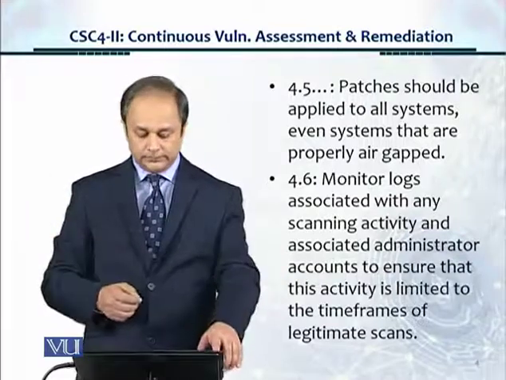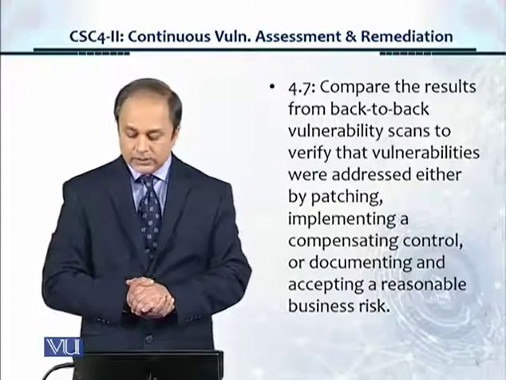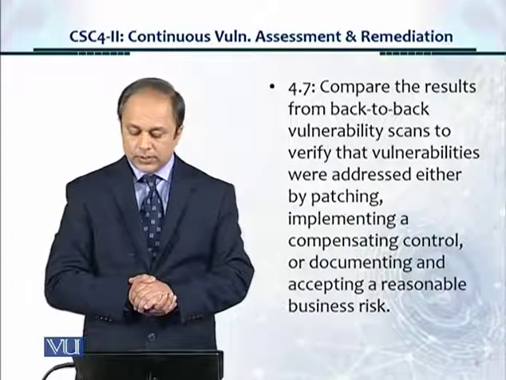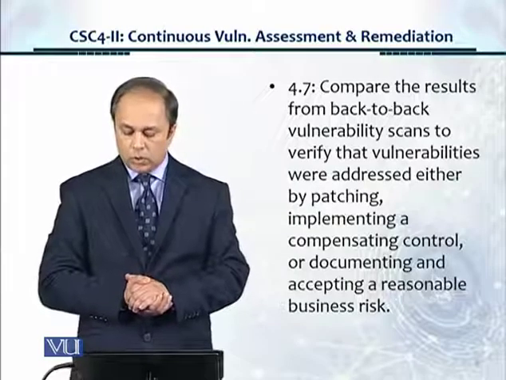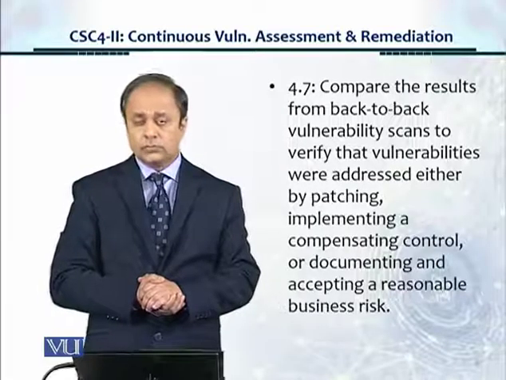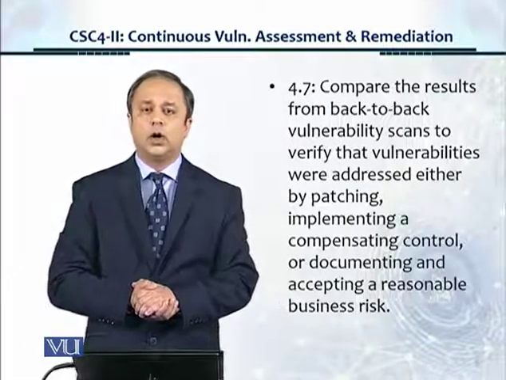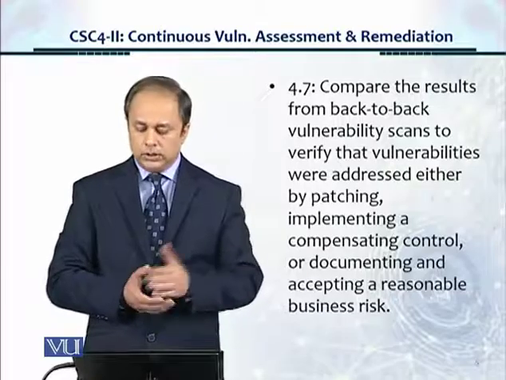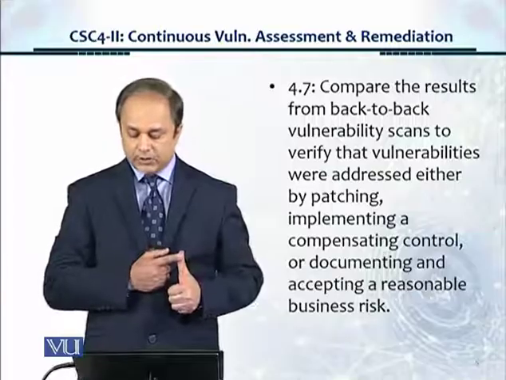Compare the results from back-to-back vulnerability scans to verify that vulnerabilities were addressed either by patching, implementing a compensating control, or documenting and accepting a reasonable business risk. So there are 3 ways in which we can respond whenever there's a vulnerability, and that needs to be documented. One is that you patch the system.